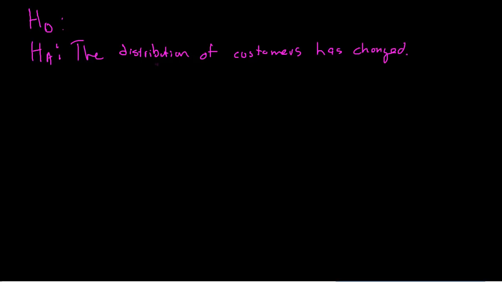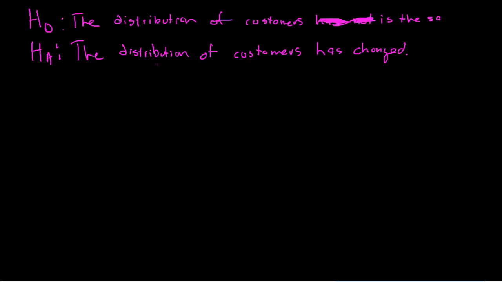And the null would be that, nope, it hasn't. Everything's the way it should be. The distribution of customers has not changed. Or you could even say is the same. That might be a better way of saying it. And then the alternative would be it's not the same, which means it's changed. So you can word it a little bit differently and you're still going to get it right.